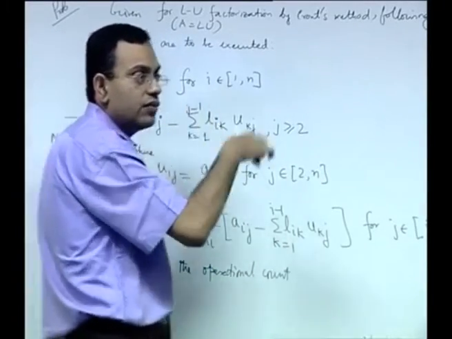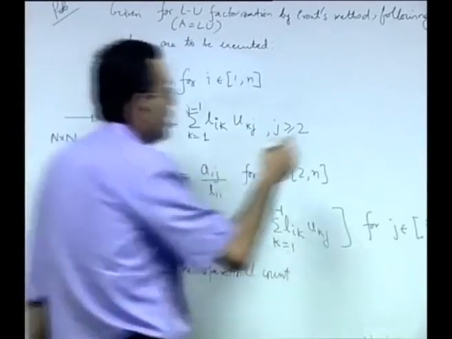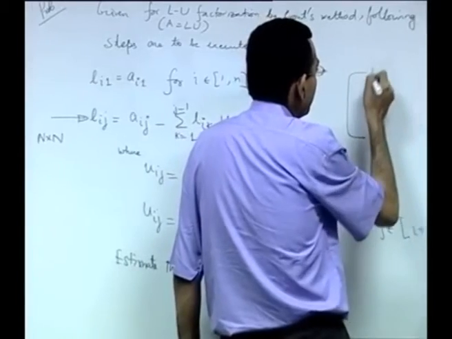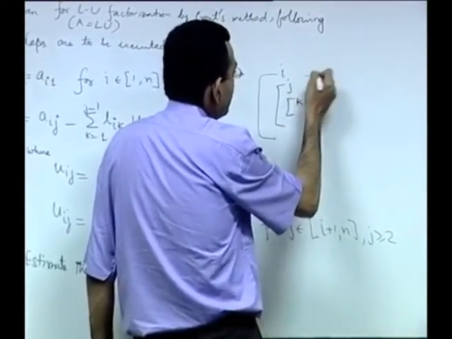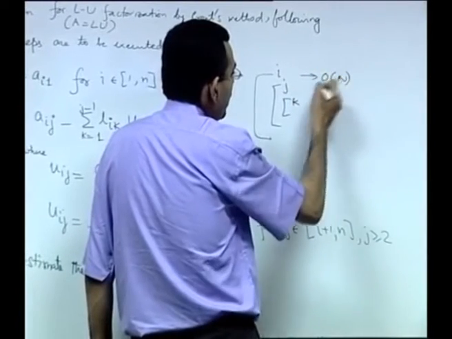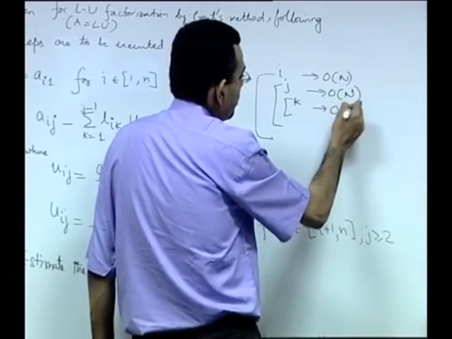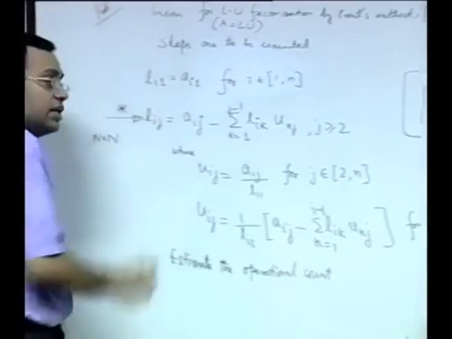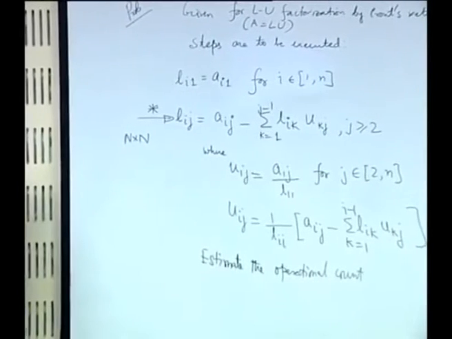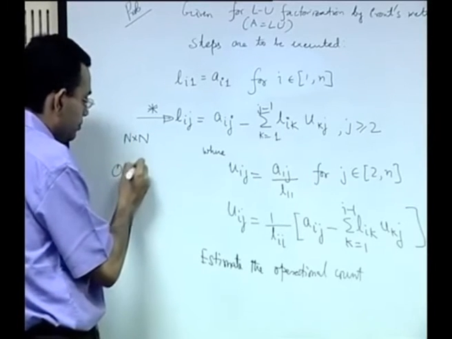So, that is also of the order of n. So, you have one loop over i, one loop over j, one loop over k, each running up to the order of n. So, that makes this particular step the rate determining step, or the operation count determining step, and that is of the order of n cube.